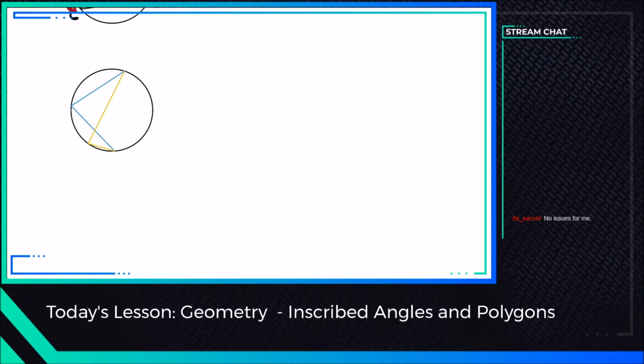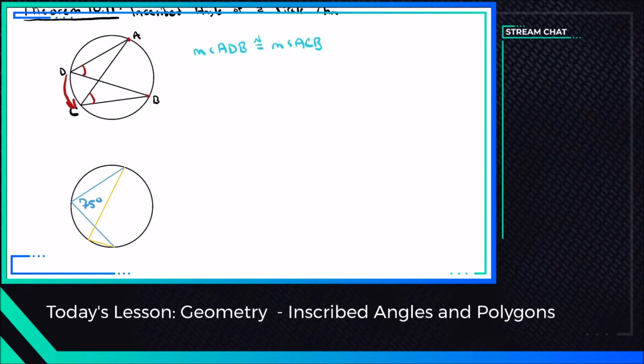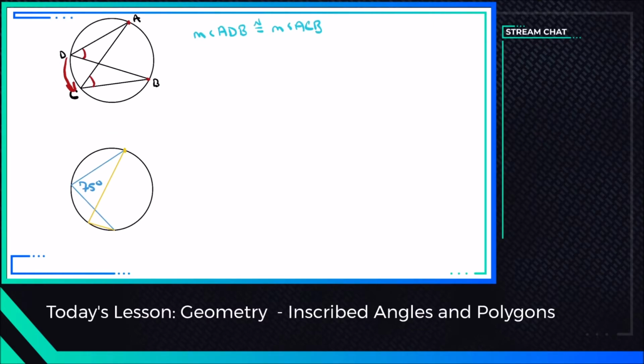We know this blue angle has a measurement of 75 degrees, and we want to find the yellow angle measurement. Well, using our theorem that we just did, as long as these two are sharing the same two endpoints, which they are, we know that this interior angle has to be 75 degrees.